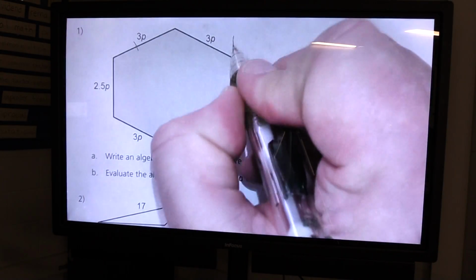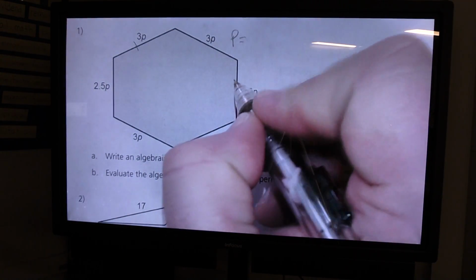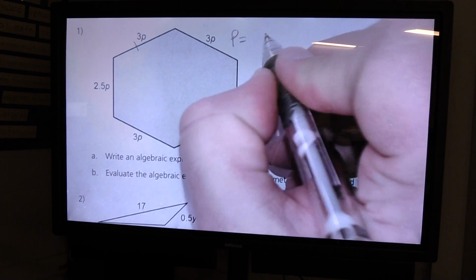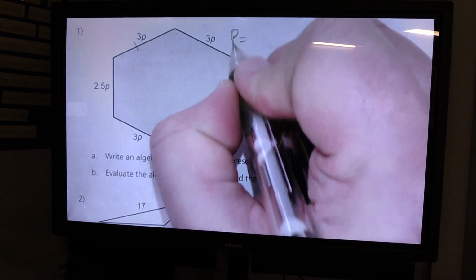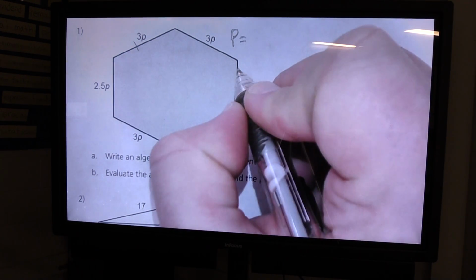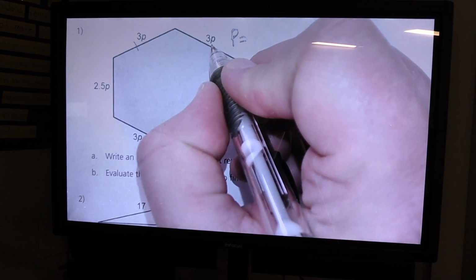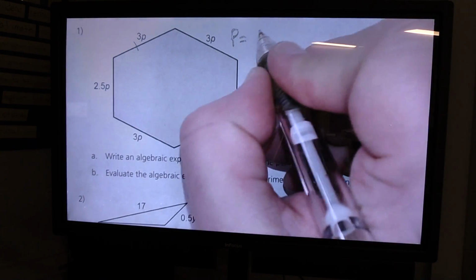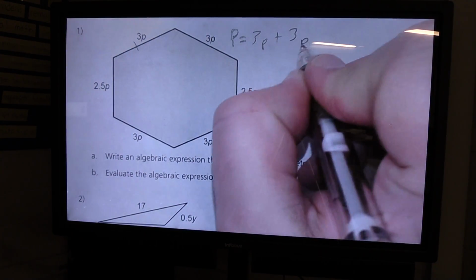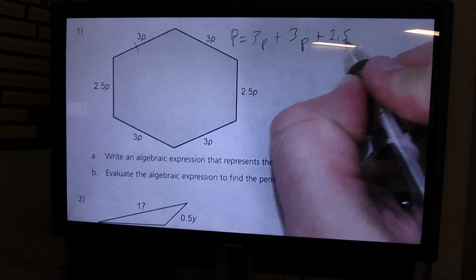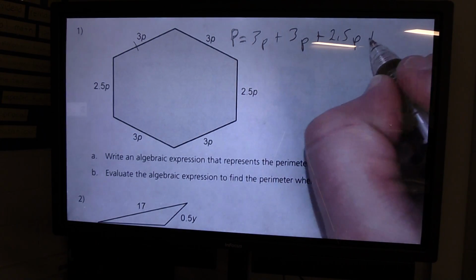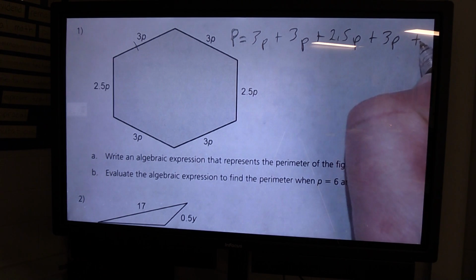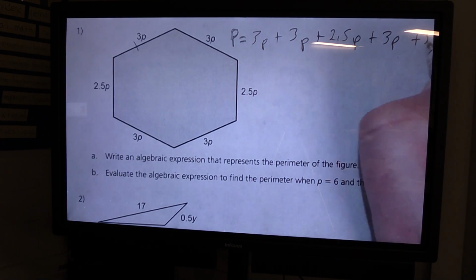So I'm going to put a P for perimeter equals. And by the way, this is a capital P, so as not to be confused with the lowercase p, which is our variable here. So I'm going to say 3p plus 3p plus 2 5/10 p plus 3p plus 3p.